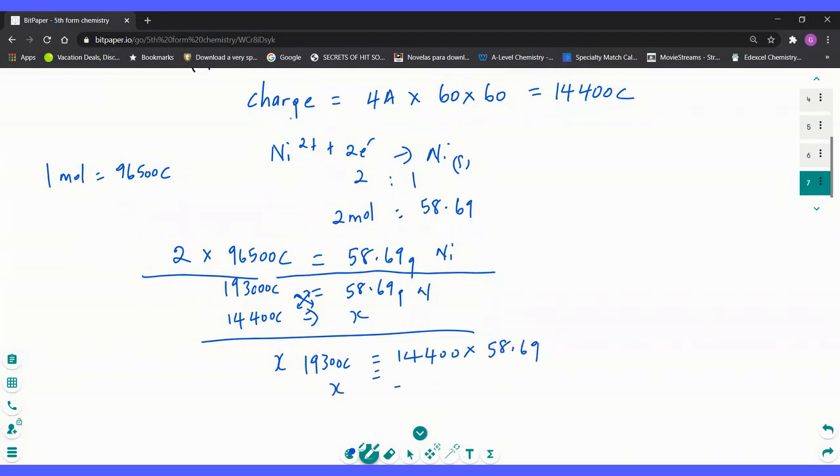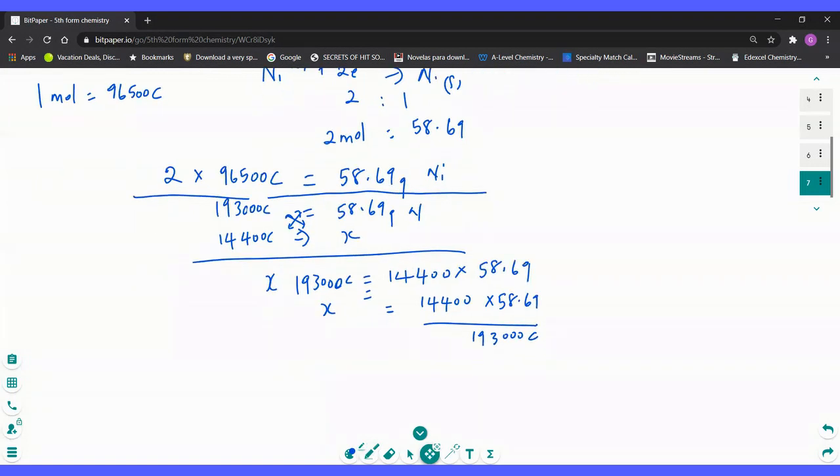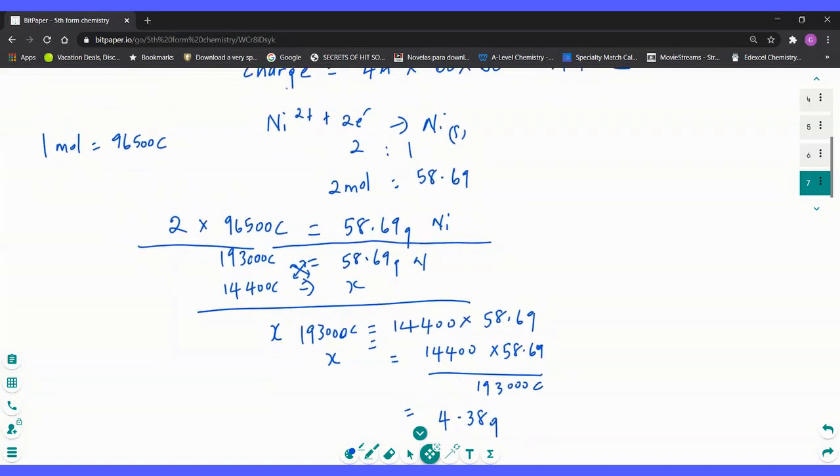So X would be equal to 14,400 times 58.69 divided by 193,000. And when you work that out, it comes out to give us 4.38 grams. So this is what you should have been getting at home.